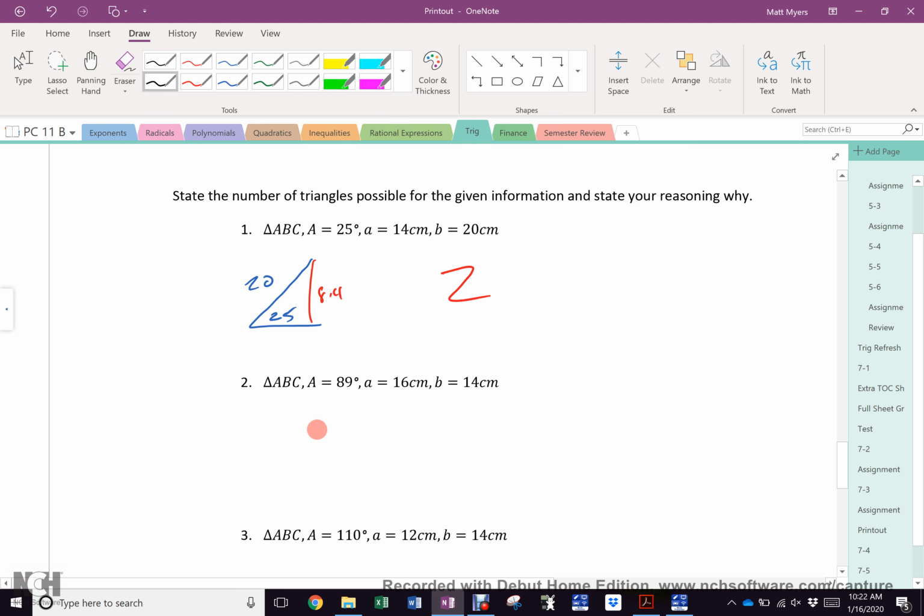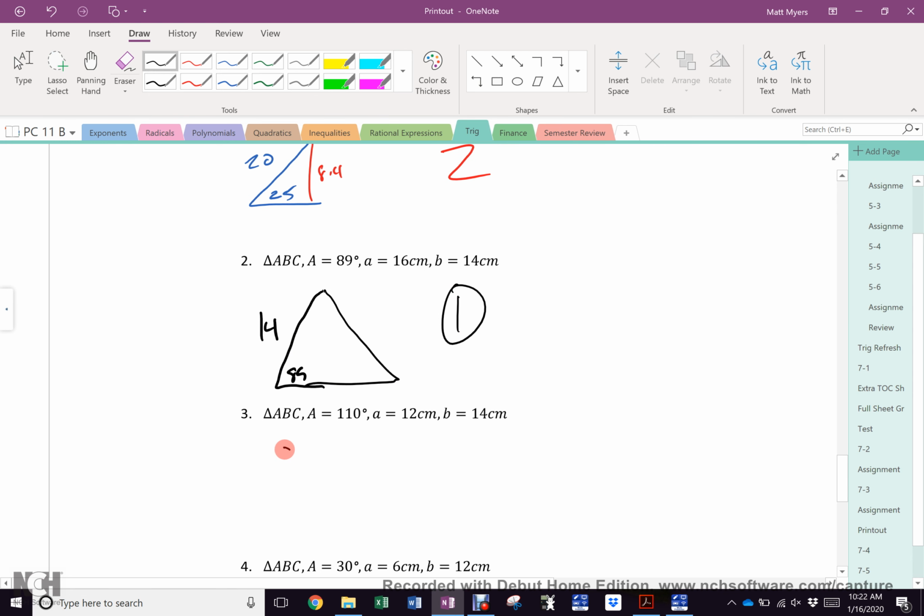Angle A, 89 degrees. B, 14. 14 sine 89 is almost 14. A is 16. 16 is bigger than 14, so it can only go this way. Right? So one triangle.